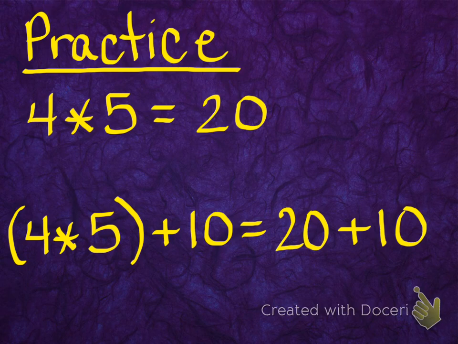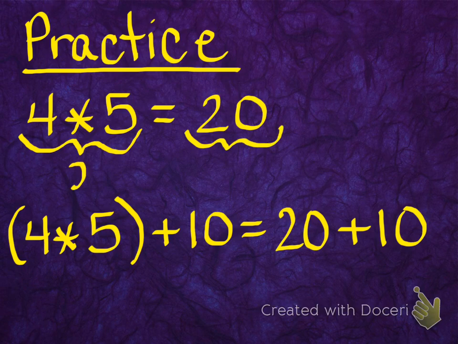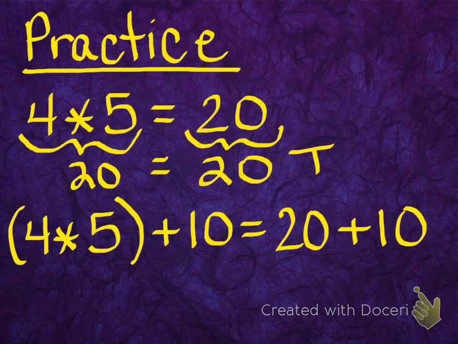For example, if we have 4 times 5 equals 20, we need to make sure that the value of this 4 times 5 is the same as the value of this 20. So I know that 4 times 5 equals 20, and 20 equals 20. So in this number sentence, this would be true.